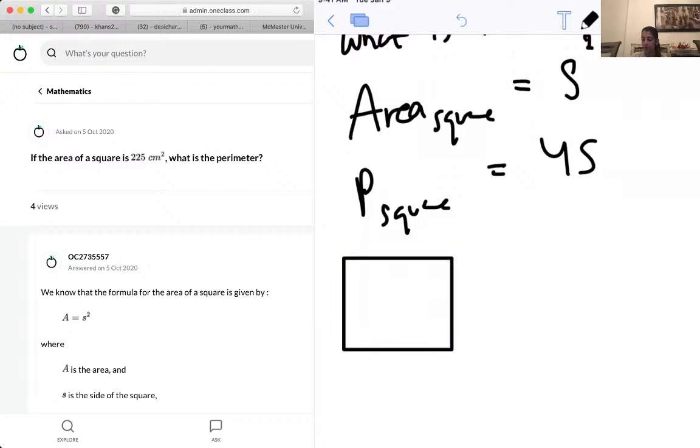Let me explain. So area, we all know, is this side multiplied by this side. So basically s squared.